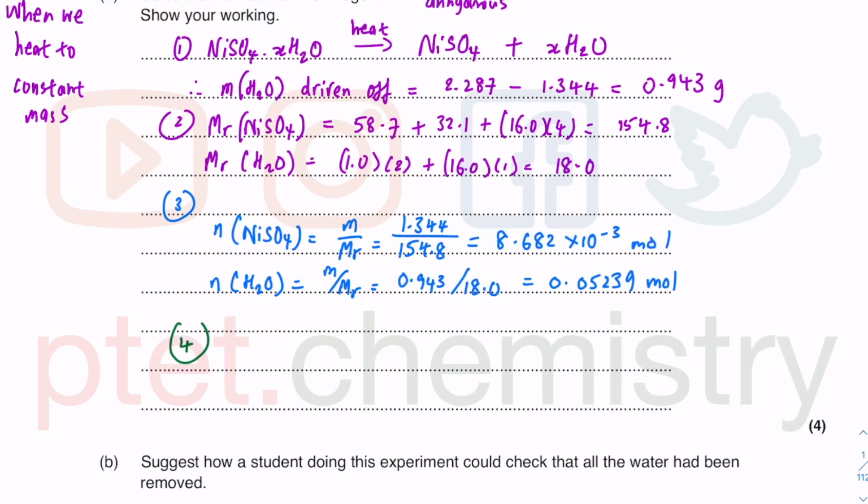Last but not least, we can compare the mole ratio. There is x mole of water to 1 mole of nickel(II) sulfate, so from the balanced equation the mole of water to the mole of nickel(II) sulfate is x over 1.